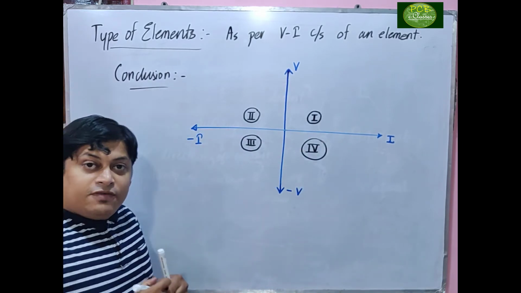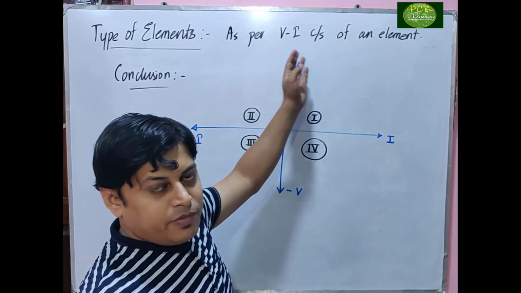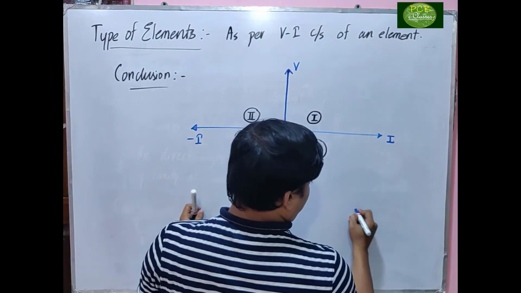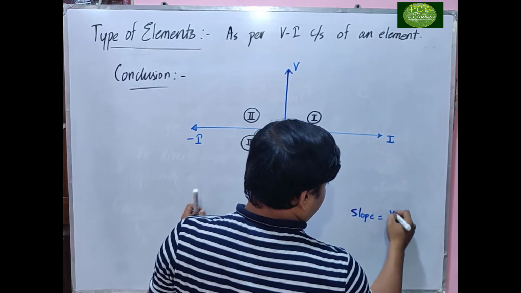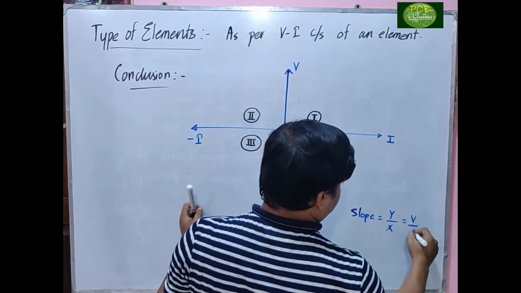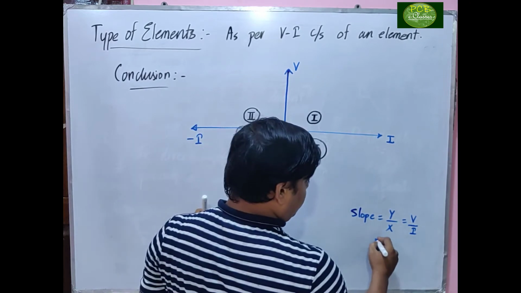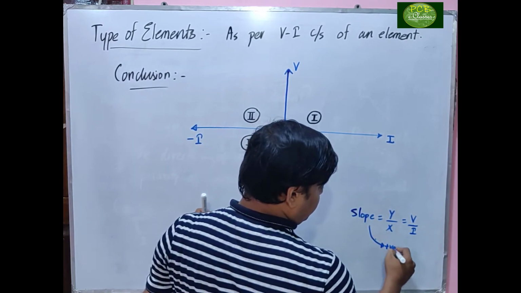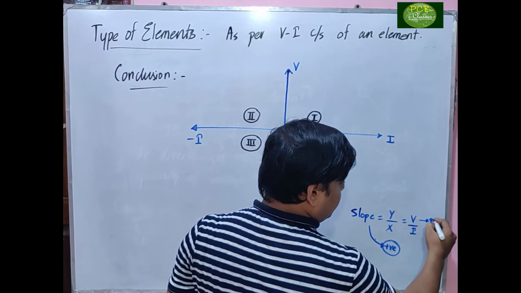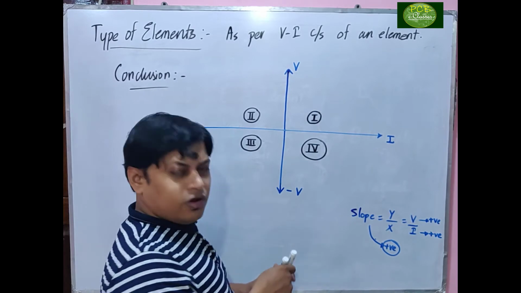If any characteristic lies in the first quadrant, what will be its slope? Slope is generally Y by X, here V by I. V is positive, I is positive, so the slope will also be positive.